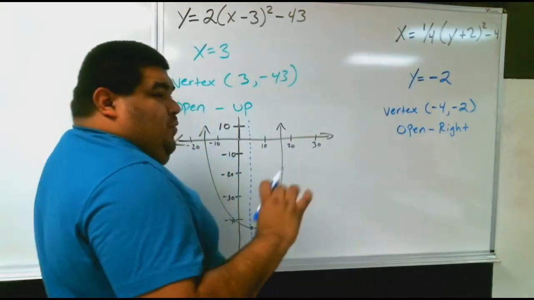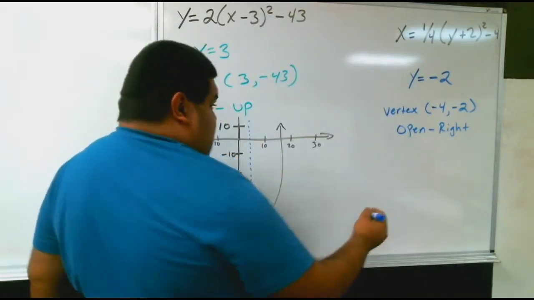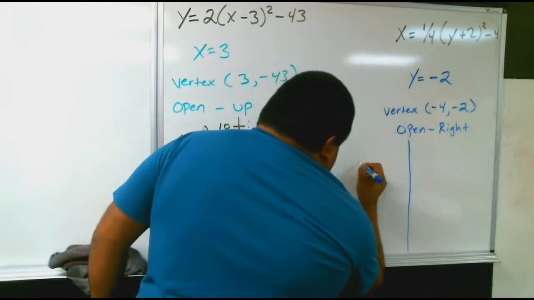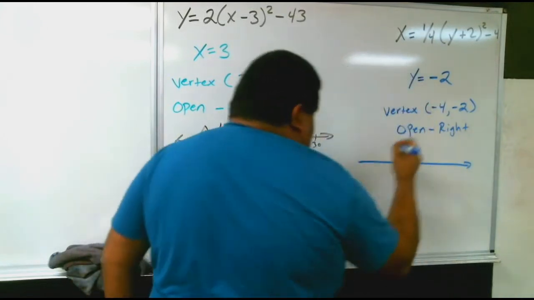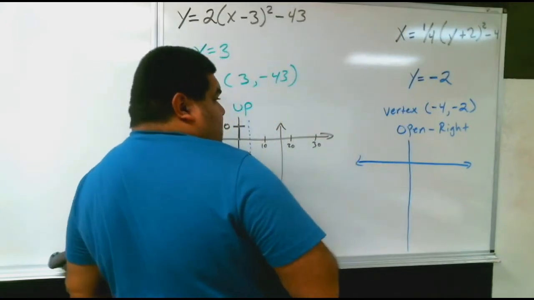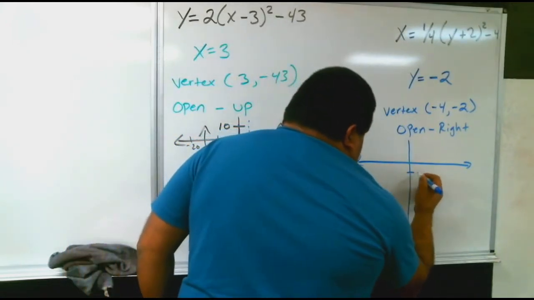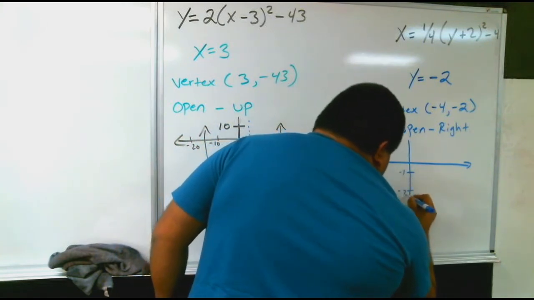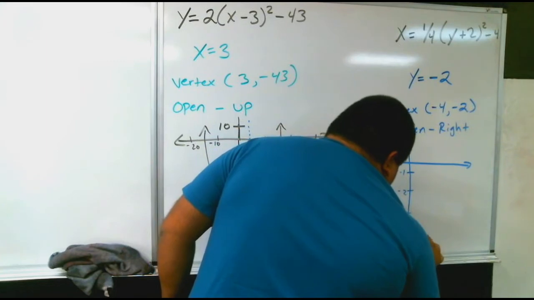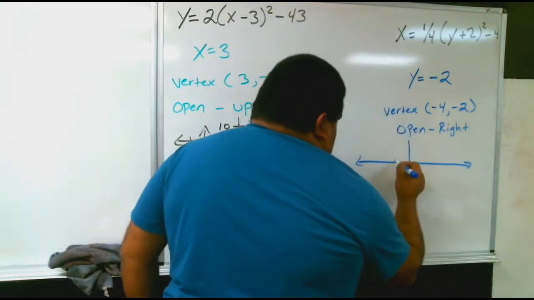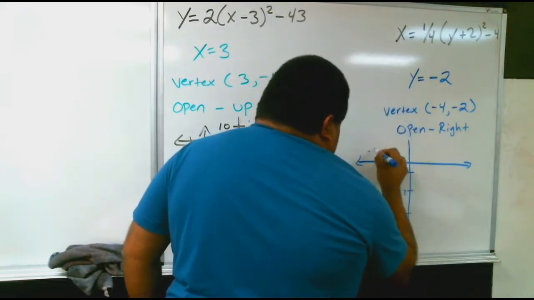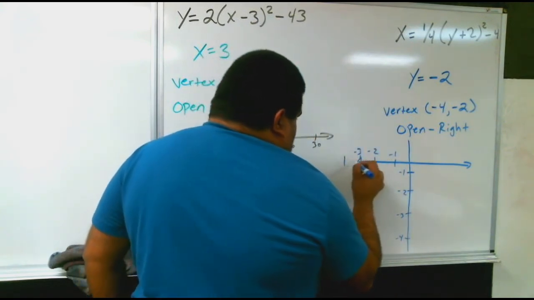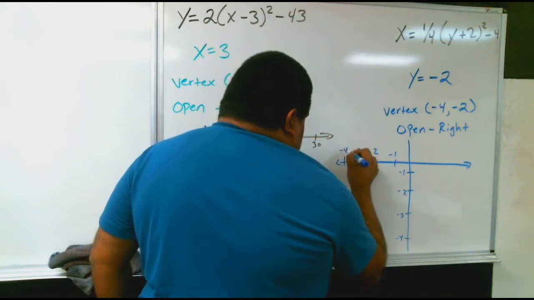So if we were to graph this equation to see how it looks, since I'm in the negatives, I'm going to make my line higher. So this time I'm going to have negative 1, negative 2, negative 3, negative 4, then negative 1, negative 2, negative 3, and negative 4.